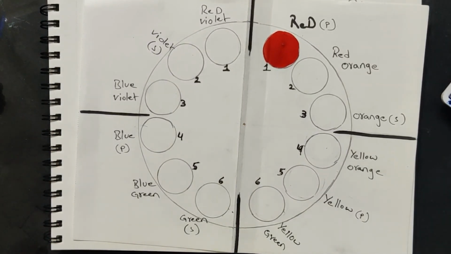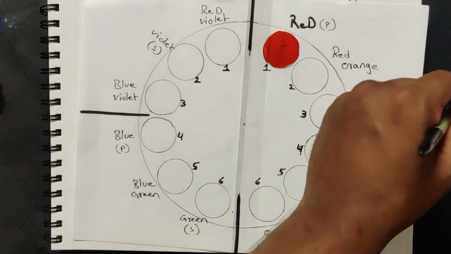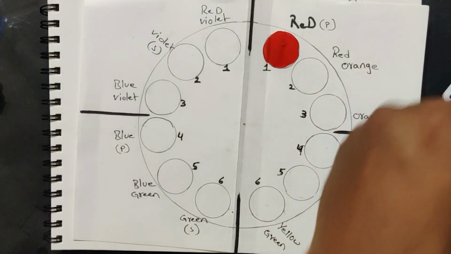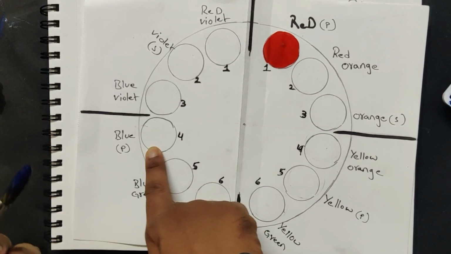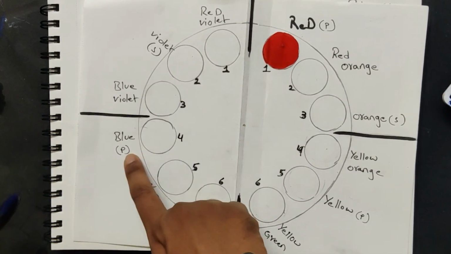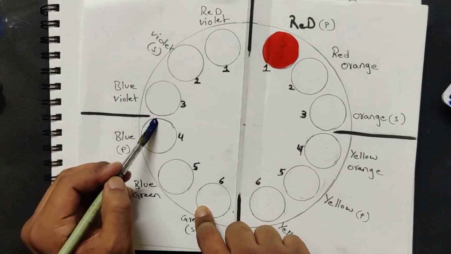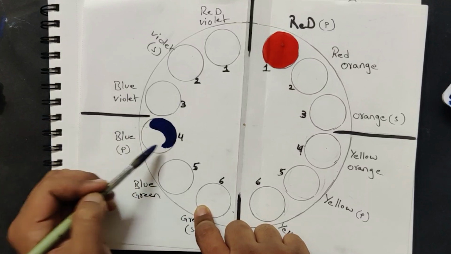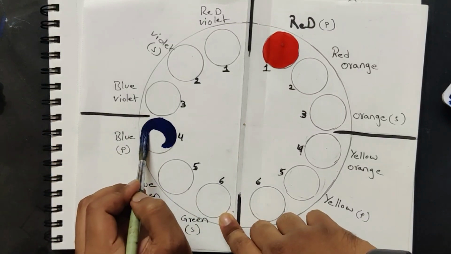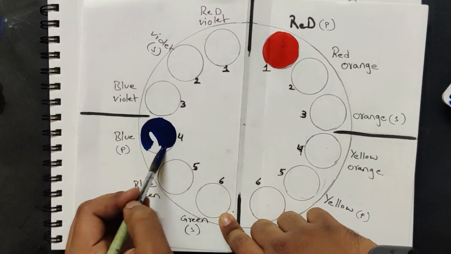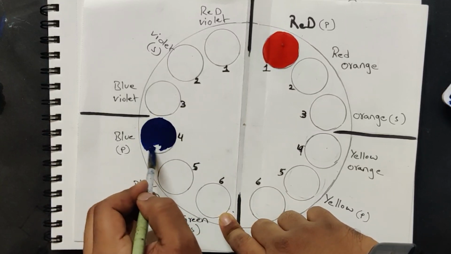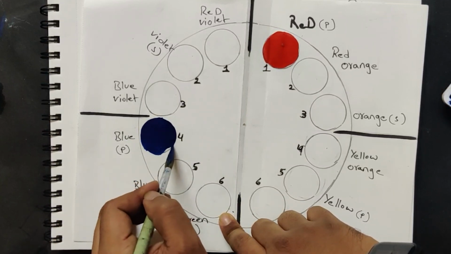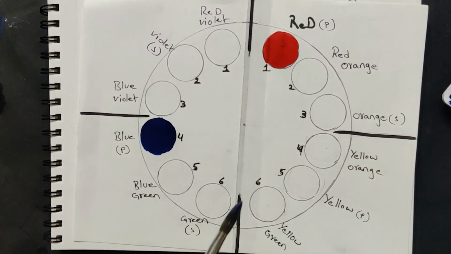Now I'm going to wash the brush again and wipe it with the cloth. Now I'm going to use blue color. Again the primary color blue. See, just using the tip of the brush. I'm not putting any pressure on it. That's blue color.